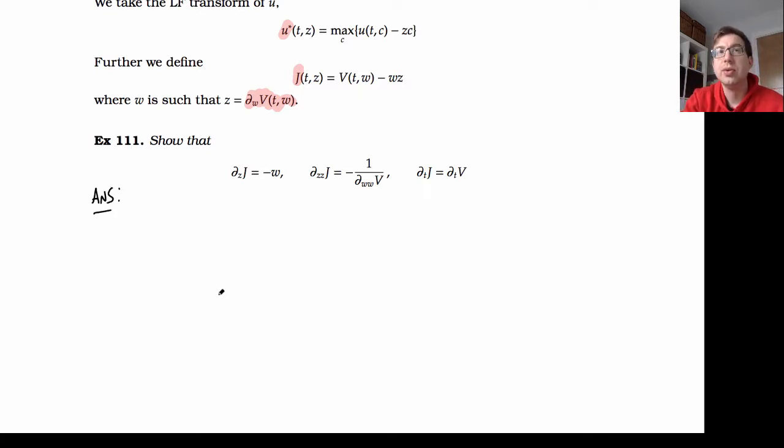So let's first just ignore time, if we're just going to show this result here. Notice it doesn't really depend on time, so I'm just going to ignore the time component of j.